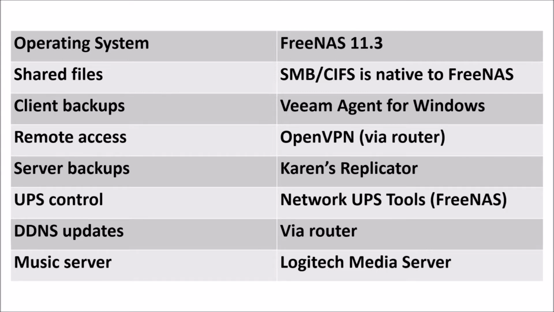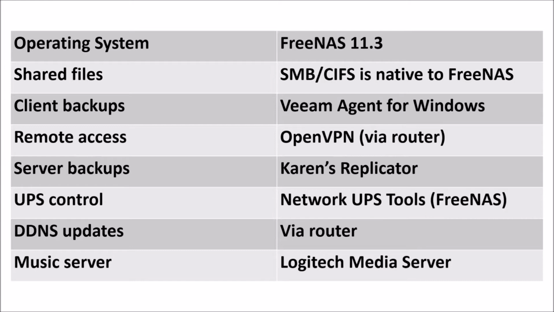Remote access, I was able to use a feature in my ASUS router. They have OpenVPN there, which if we get time we'll talk about, but I love this router, and that gets me back to my local area network no matter where I am, as long as I have an internet connection. It serves as a VPN and also will let me remote access any of my client PCs.